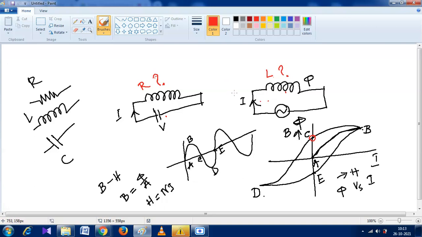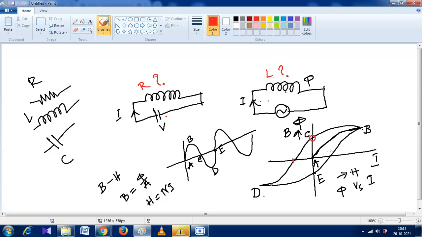Okay. And at which point is the current zero? At the y-axis, C and E, and A. Good. On the y-axis, not the x-axis. The value of flux is zero on the x-axis.